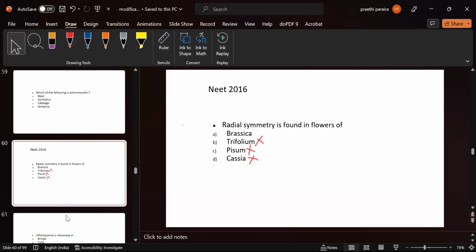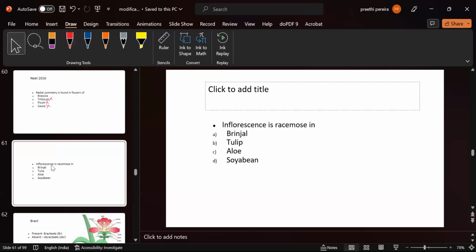Okay, so are you understanding what kind of questions can be asked? Tell me the answer for this. Inflorescence is racemose type. I told you, for racemose inflorescence you have two examples: Brassicaceae and Fabaceae. And for cymose, two examples: Solanaceae and Liliaceae. Now tell me, where will you find inflorescence which is racemose?